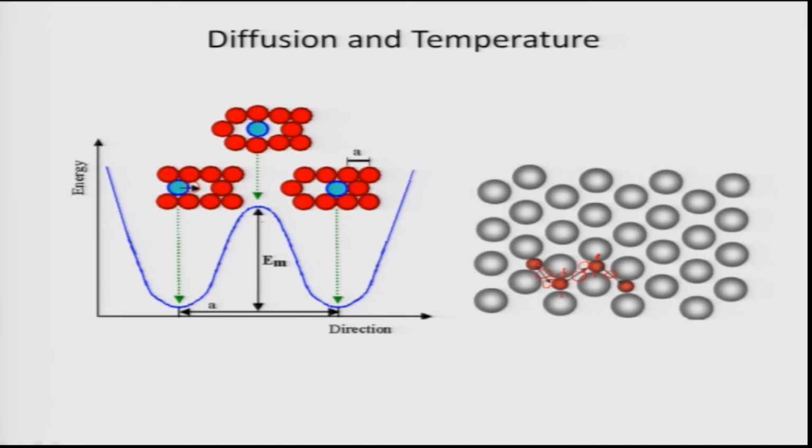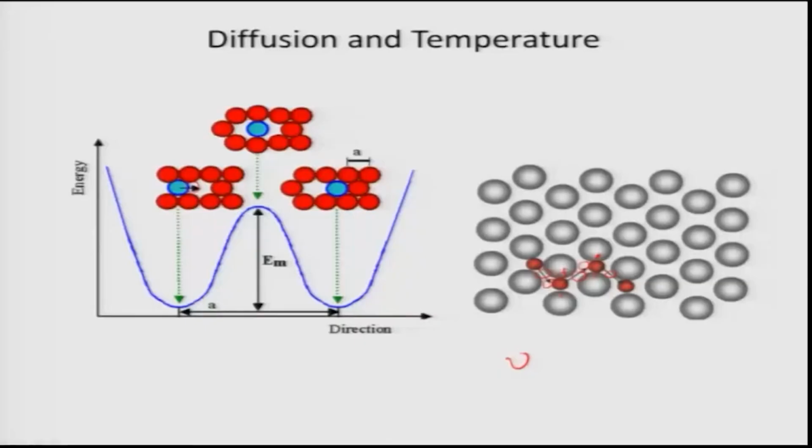And remember, atoms in a finite medium at a certain temperature T are vibrating, colliding with each other, and vibrating with a certain frequency. Let us suppose this vibration frequency is equal to nu. So every time the atom is making an attempt to cross this barrier, it makes an atom jump.